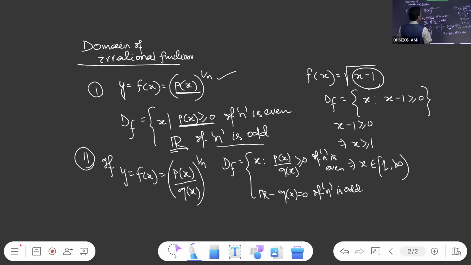To find the domain of irrational functions, we should know how to solve inequations or inequalities. Okay. Gayatri, Simran, we should know how to solve an inequality. So write down solution of inequations.